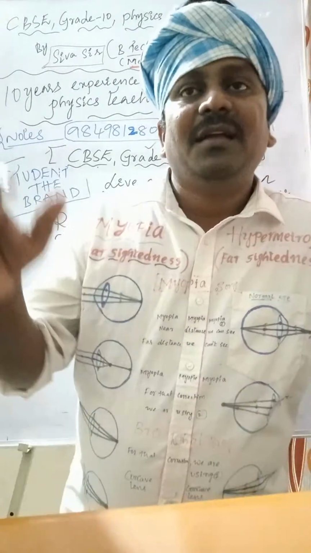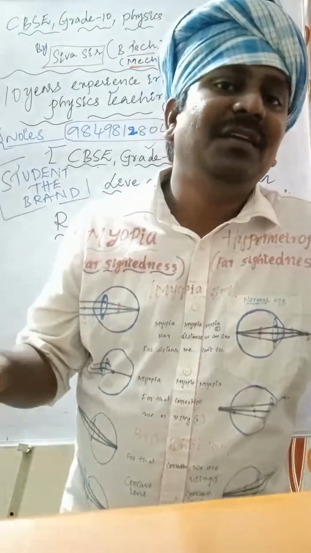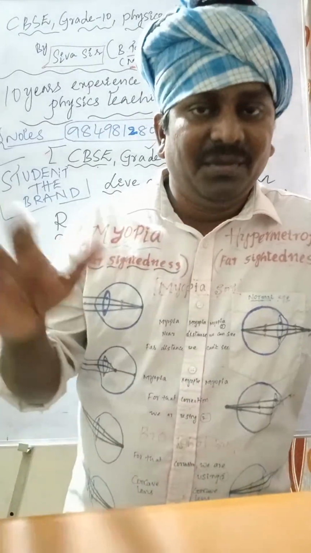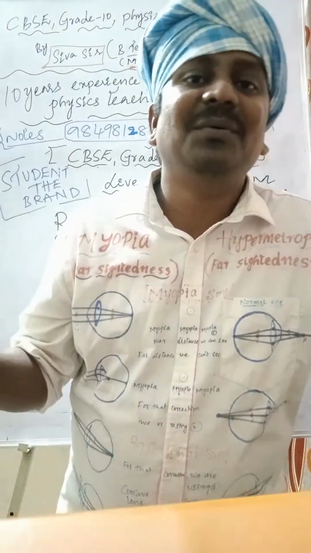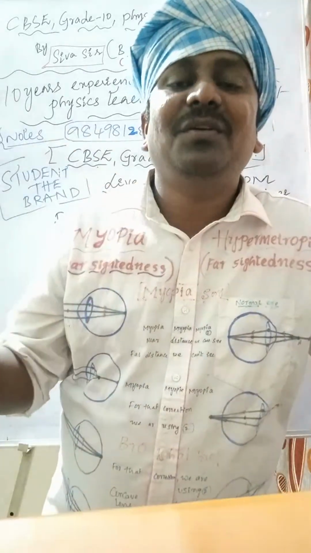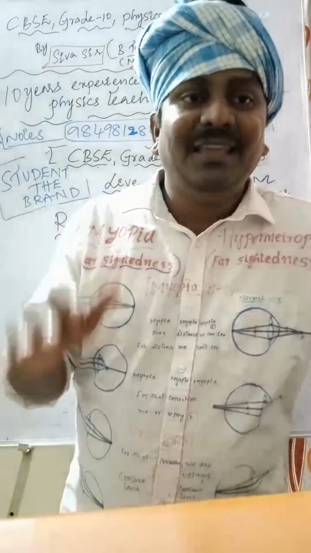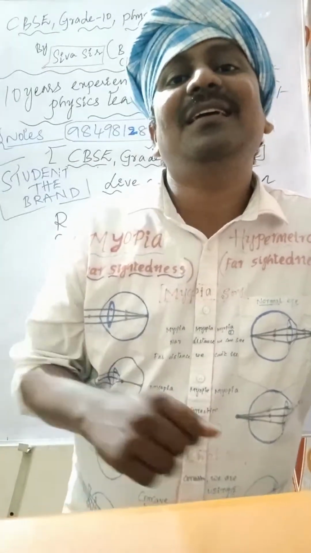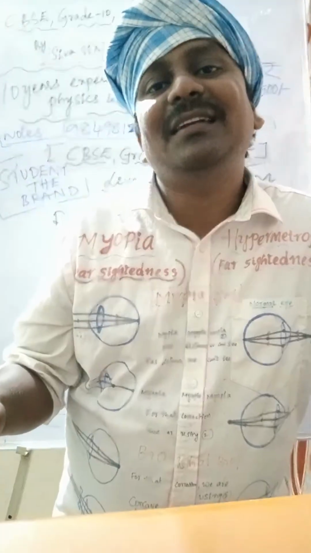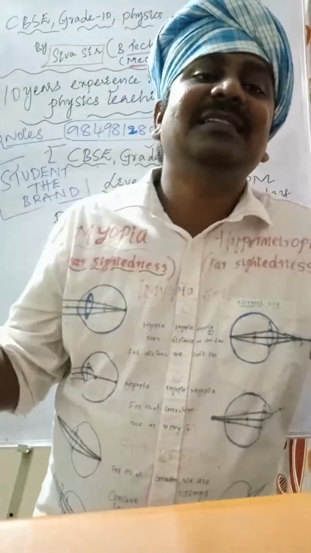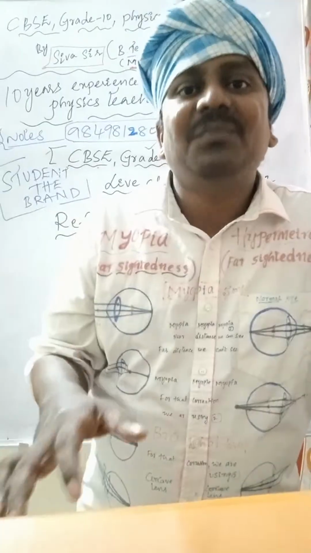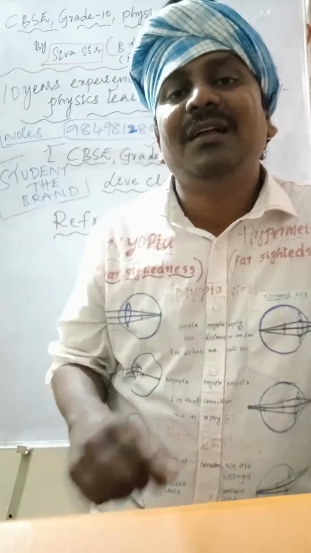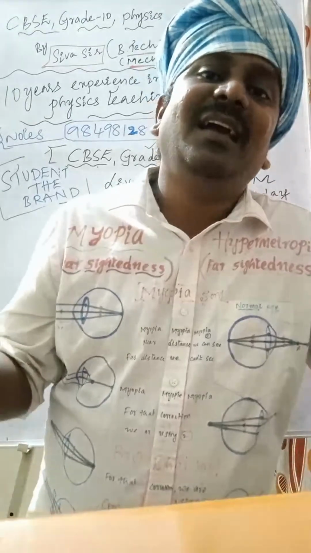So once again, myopia, myopia, myopia. Near distance we can see, far distance we can't see, myopia, myopia, myopia.